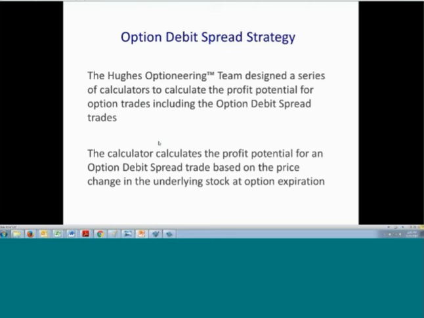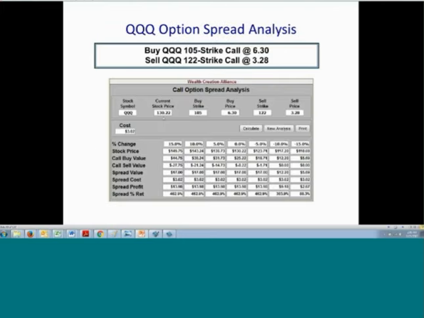We have these calculators for 6 different option strategies, including the option debit spread strategy. The calculator calculates the profit potential for the option debit spread trade based on the price of the underlying stock at option expiration. So we'll look at this QQQ profit potential.